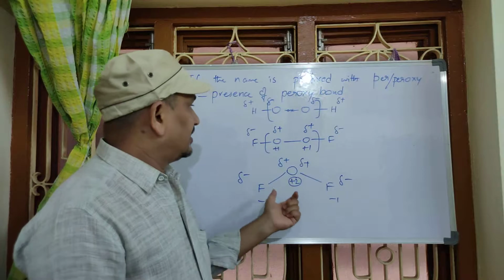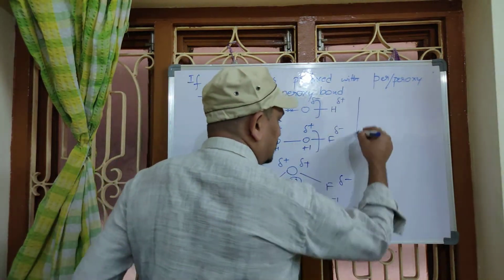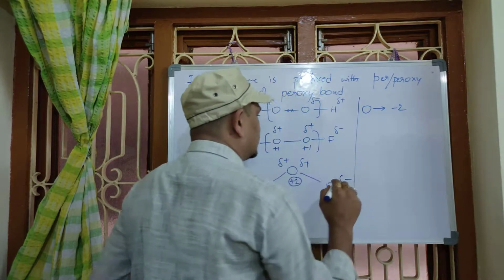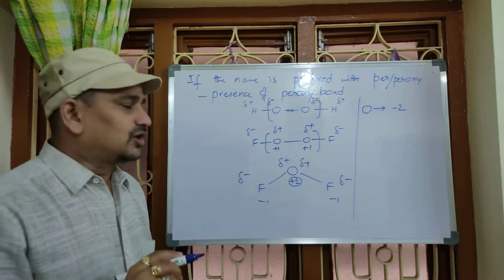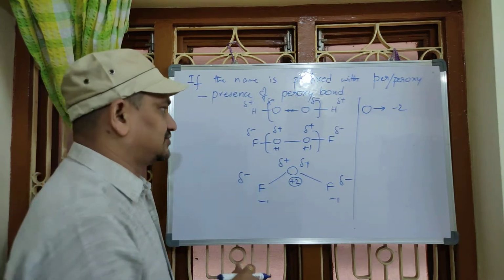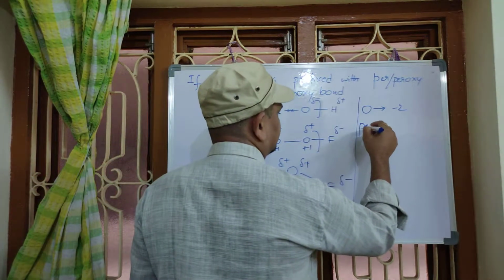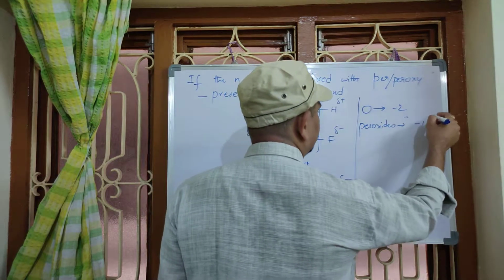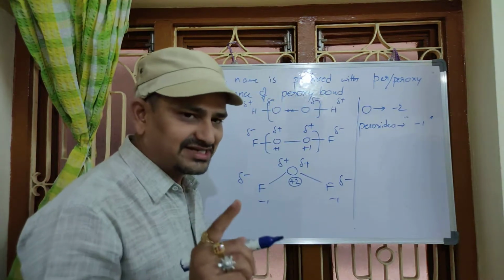Okay. Now oxygen, once again a small recap. Oxygen usually shows -2 in oxides. In most of the cases it is -2. In case of peroxides, each oxygen possesses which oxidation number? -1.